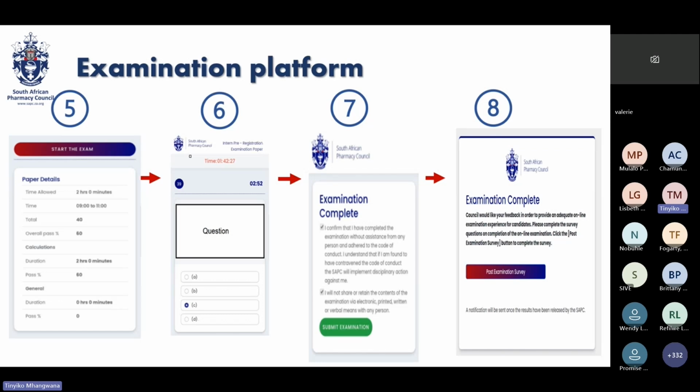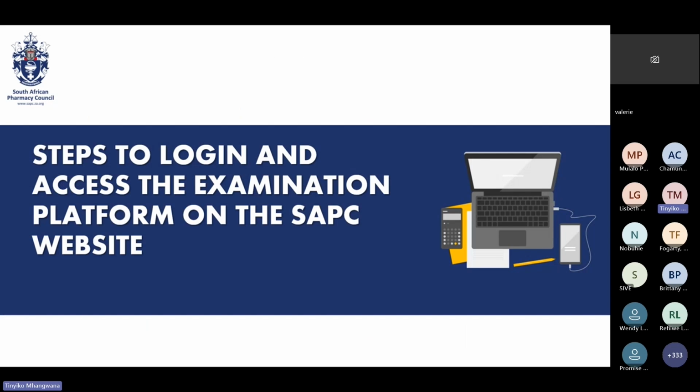Then at the end, it will take you to the post-examination survey. As soon as the exam is submitted, it will take you to the survey. Please, we beg you, if you have anything, it helps us improve the systems. Please input what you think about the exam or anything that you would have wanted asked.